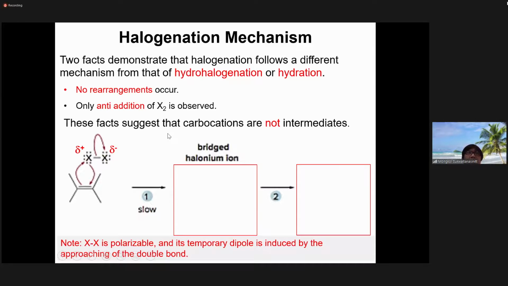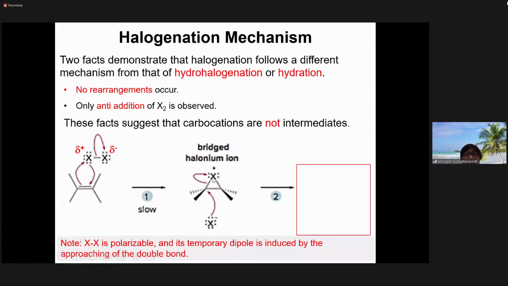At the beginning, a lot of people did not believe this mechanism because it has a strange structure of intermediate, which is called the halonium ion, which has the halogen atom binding on both carbons to form a cyclic compound, the three-membered cyclic compound here, with the cation on the halogen atom.